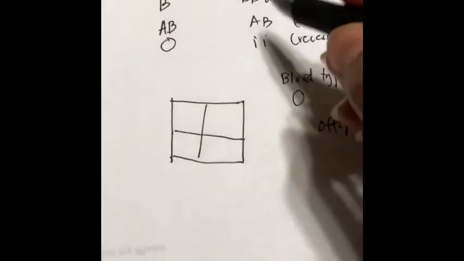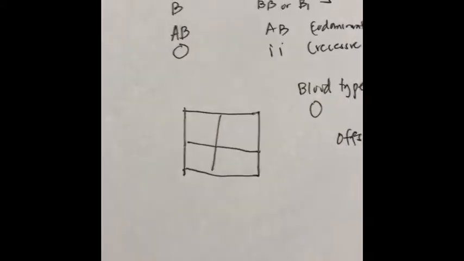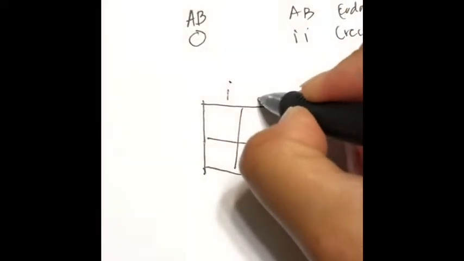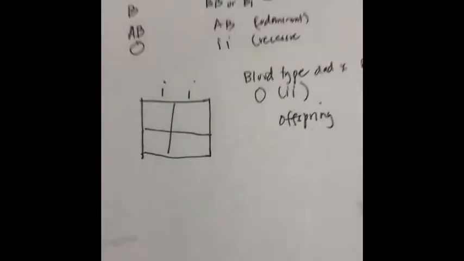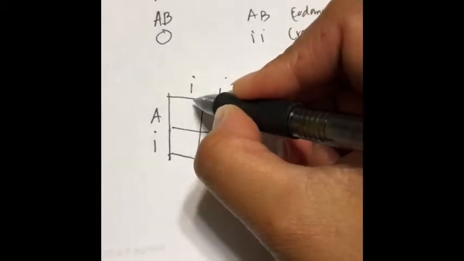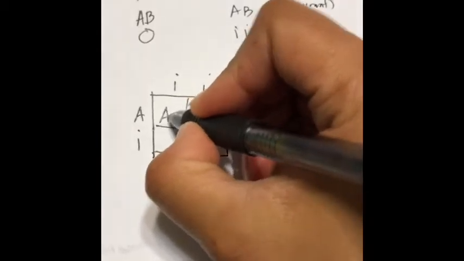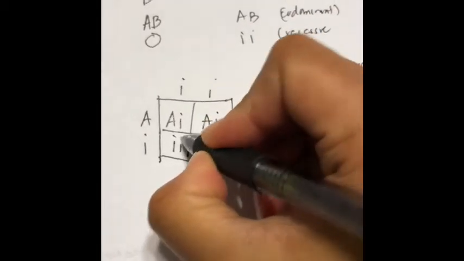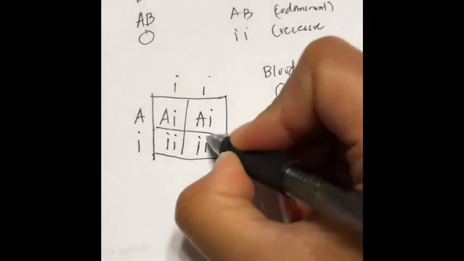Okay, so let's use our genotypes. So blood type O has ii. So we would put ii on one side. And we also put mom, who is AI, on the other side. So if we do our Punnett square according to Mendel's law of segregation, this would be Ai, this would be ii, and this would be ii.